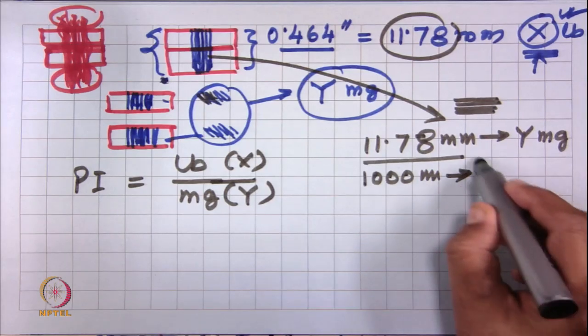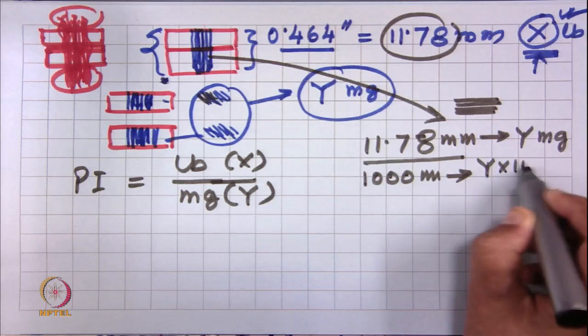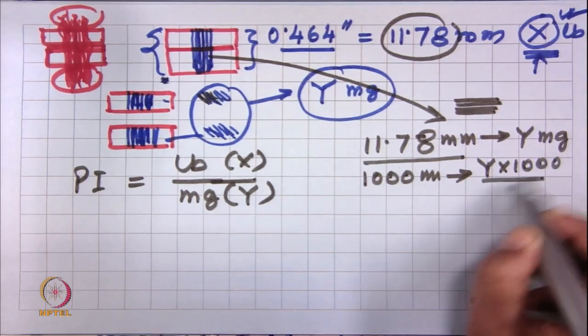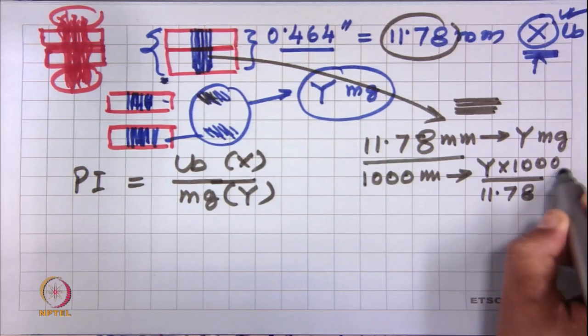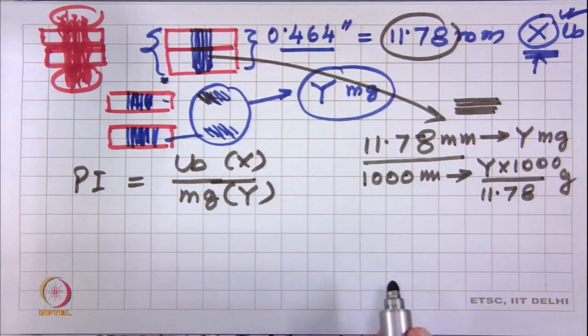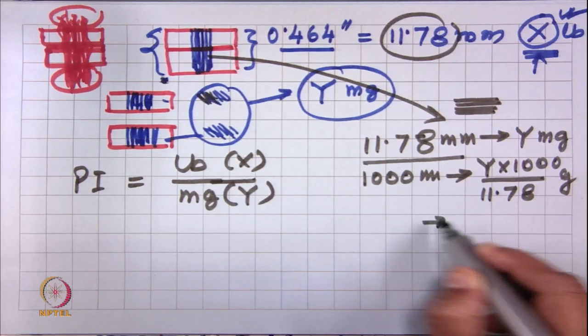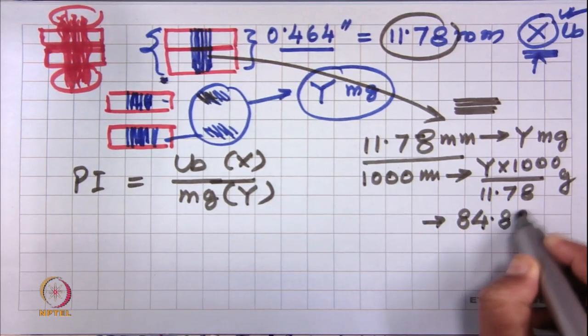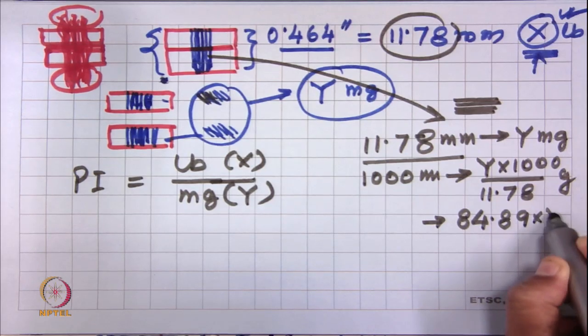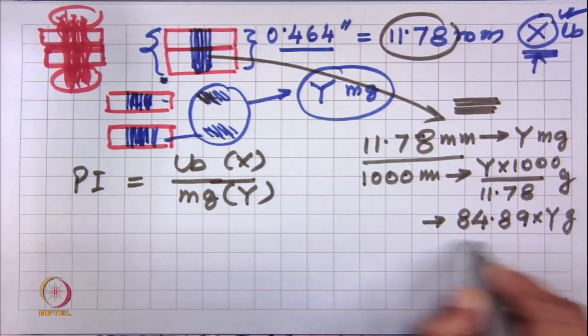So, it will be y multiplied by 1000 divided by 11.78 in gram. So, this is coming out to be 84.89 multiplied by y gram.